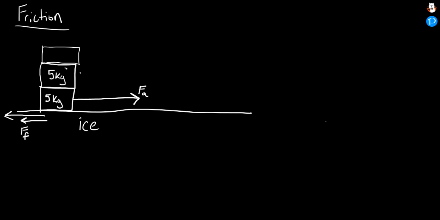Even with a bunch of weight, on ice the friction is going to go down because I'm on something smoother. But if I was dragging this across something like a carpet, that's going to be way harder. The friction is going to increase because of the surface these blocks are in contact with.